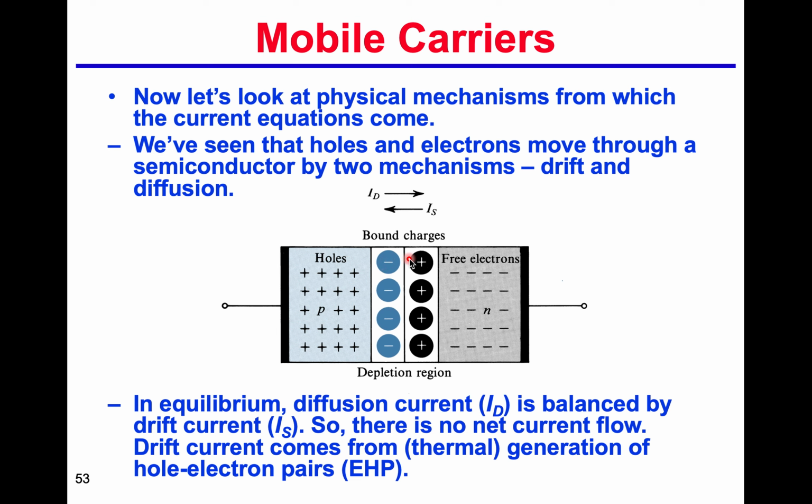If they recombine, they will leave immobile negative charge here. So as we can see here, from the right to the left, there's an electric field. We call that a built-in electric field inside the PN junction.